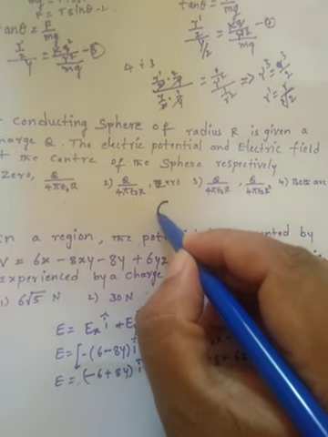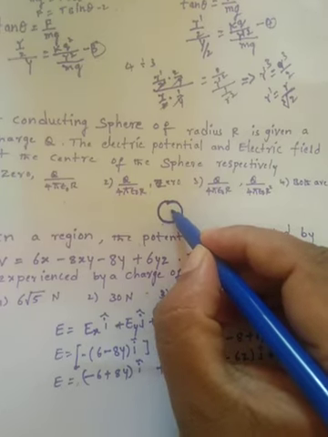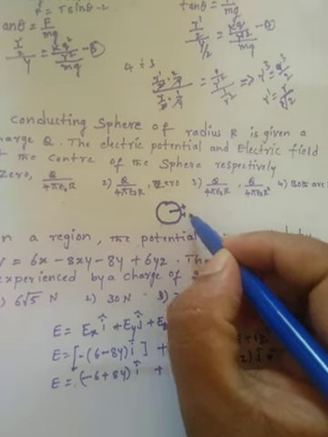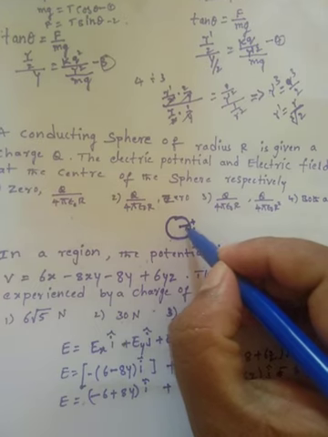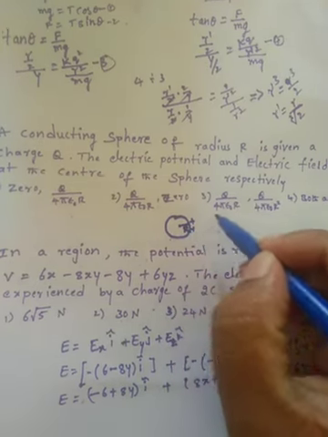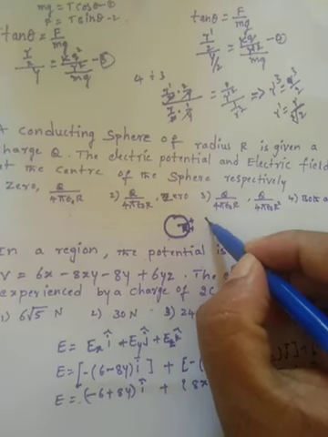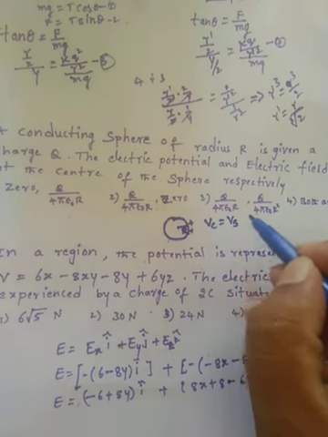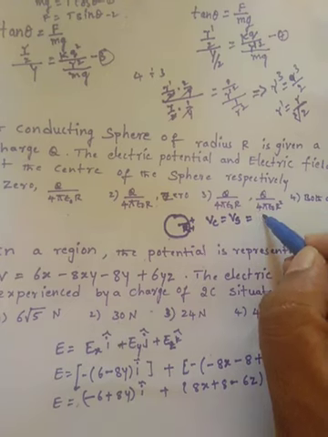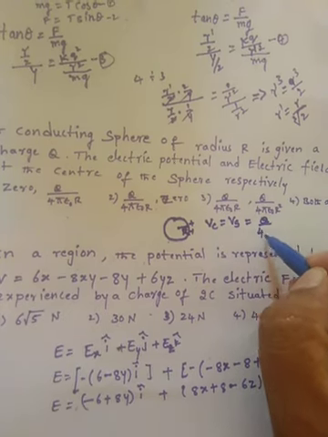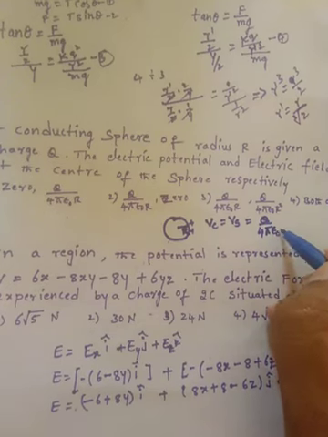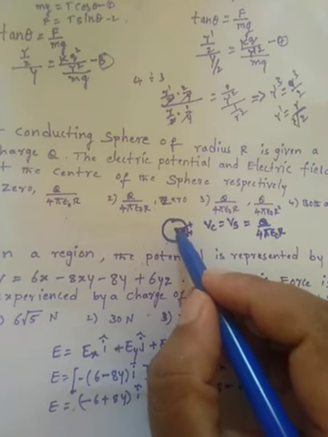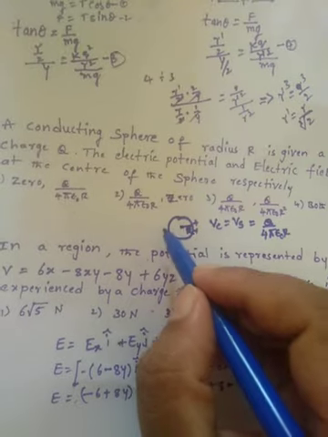So here there is a sphere. I know if it is a charged conductor, charges will reside only on its surface, and its radius, let's take capital R. The potential at the center is equal to the potential on its surface, that is q divided by 4 pi epsilon 0 into R. Whereas the electric field at the center of the sphere is 0.